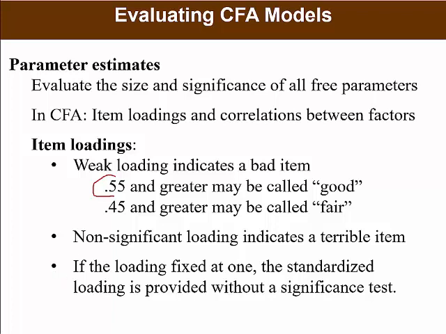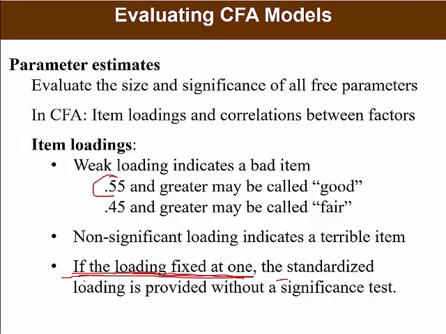If we fix a loading to be 1, the standardized loadings that we get will not be affected by that. It doesn't matter which item we fix to be 1. Whichever one we constrain, we can still interpret the standardized solution, and the standardized solution will not change if I picked a different item and constrained it to be 1.